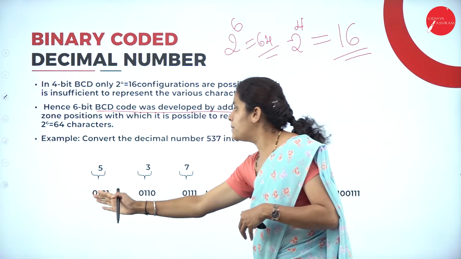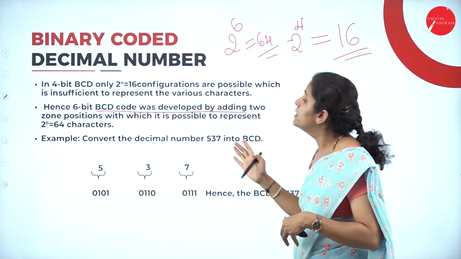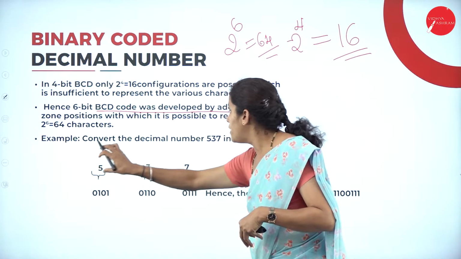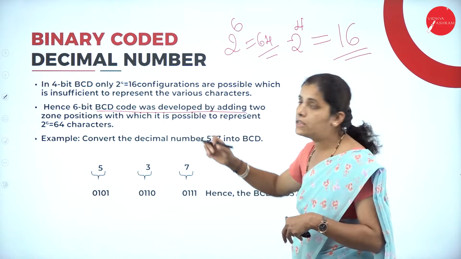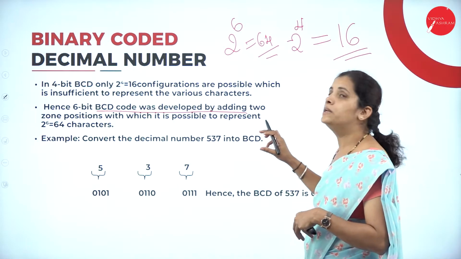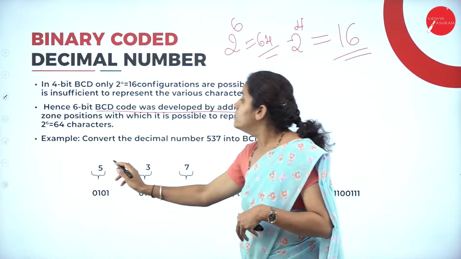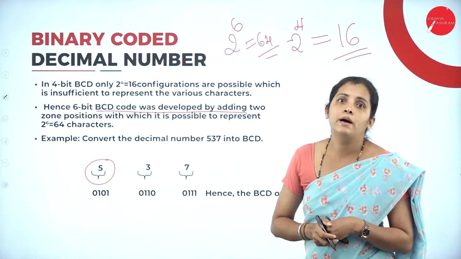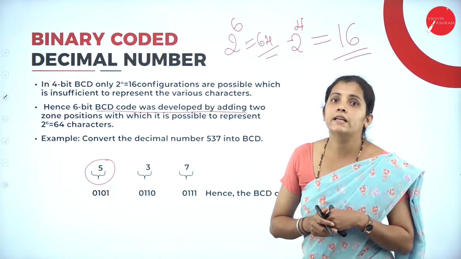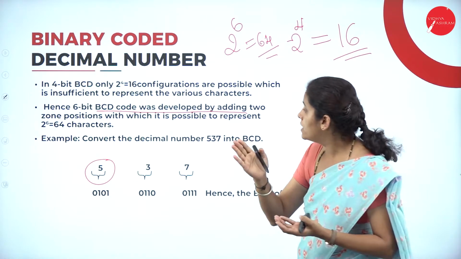So this is the example. Consider the example 537. Now I want to represent this 537 into BCD number. We know that the BCD numbers are represented by using 4-bit and the range starts from 0 to 9.